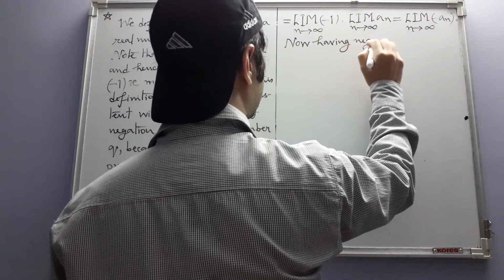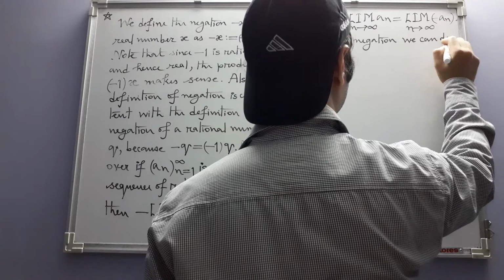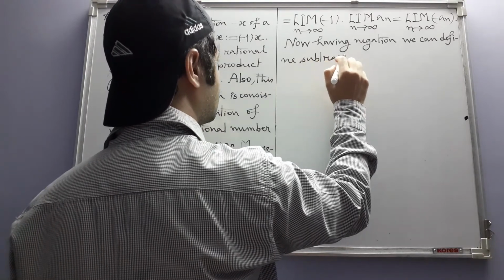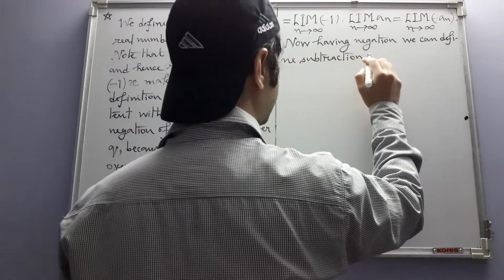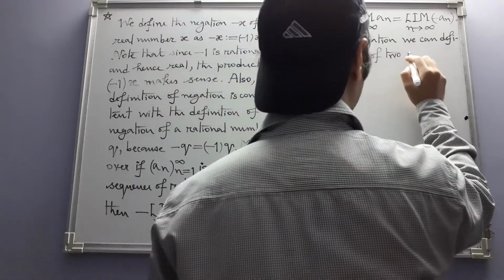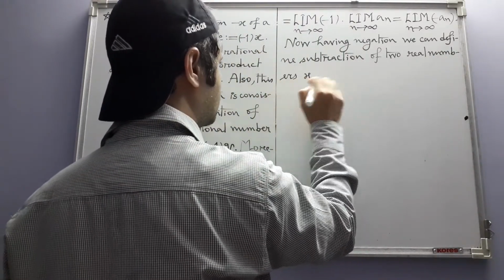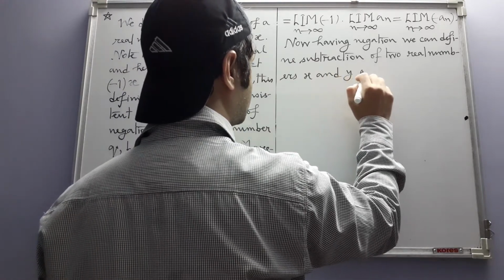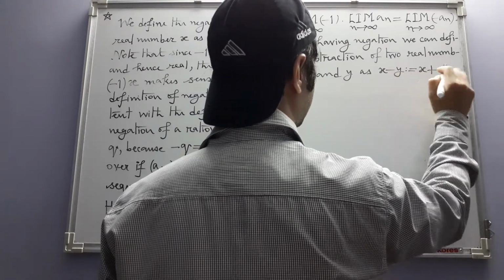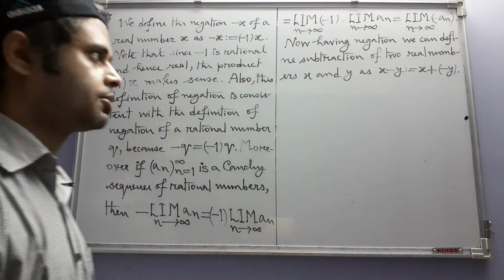Having negation, we can define subtraction of two real numbers x and y as this. x minus y is defined to be the sum of x and the negation of y. So that's how we define subtraction.